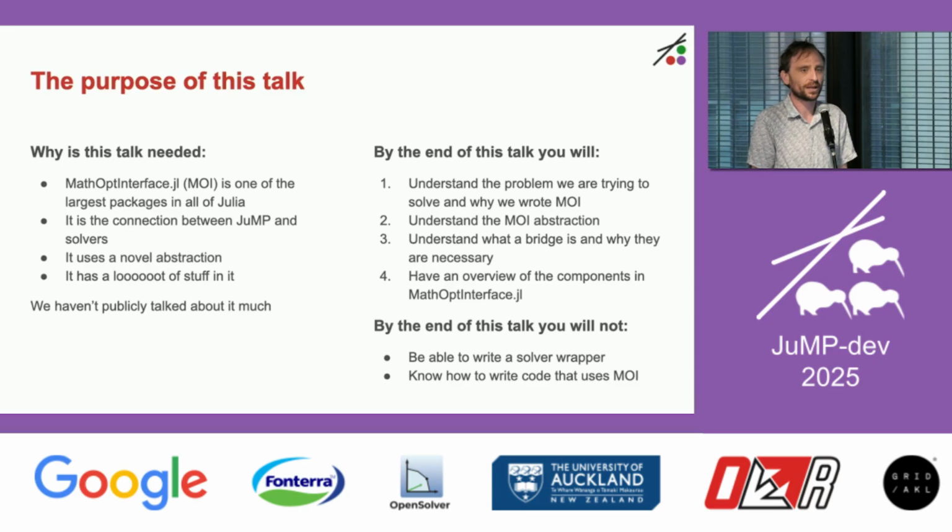We can add them to other packages. So like in SCS, it defines a number of cones that only SCS knows about, and it defines a number of bridges from the MOI cones to the SCS cones that only SCS needs to know or care about. And then they get added when you're using SCS, but not when you're using any other solver. And so we try and add things to MOI only if they're useful for multiple solvers, and bridges if they're widely useful, rather than for one particular solver.